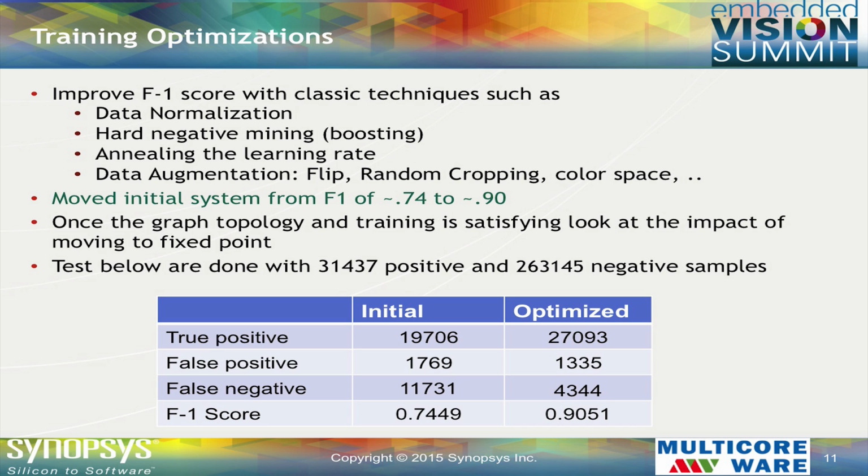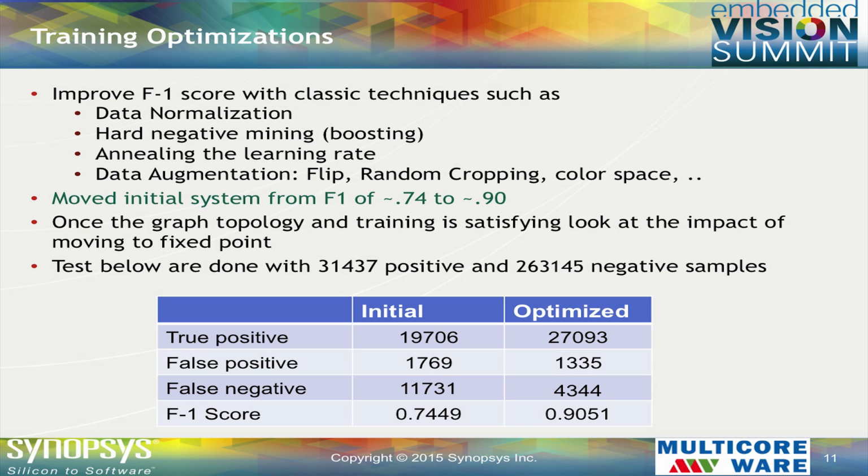So data normalization, hard negative mining or boosting, where you take part of the false positives that you get, and you send them back as input that have now been labeled as not what you're looking for. Data augmentation, which is important, to avoid overfitting and also to generate more training data, because as we've seen this morning, you never have enough.